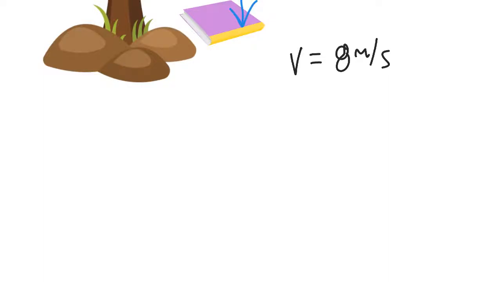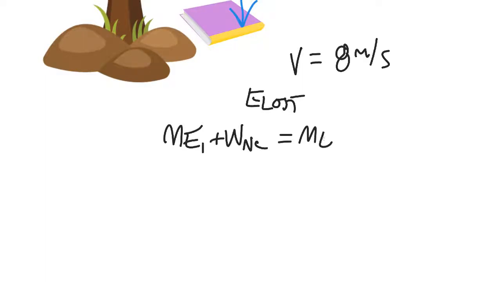Well, that would mean that there's less joules at the end than there were in the beginning. So we could find out how much energy is lost. The way that we would do that is mechanical energy 1 plus work non-conservative equals mechanical energy 2. So that energy lost is your work non-conservative piece.